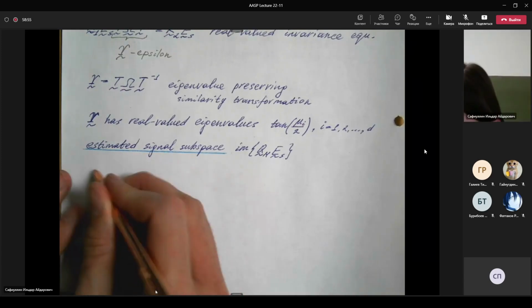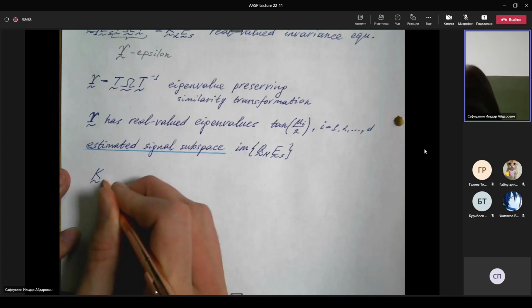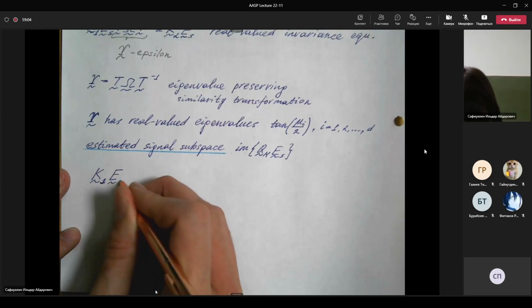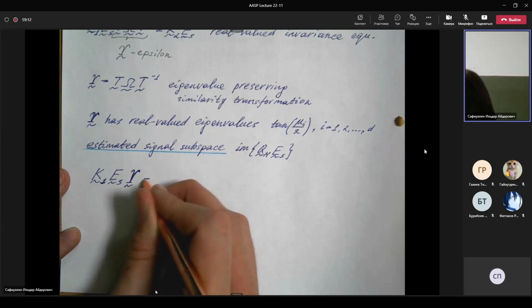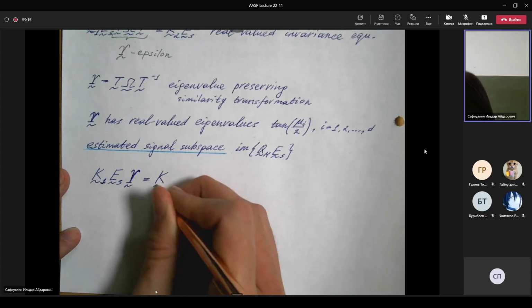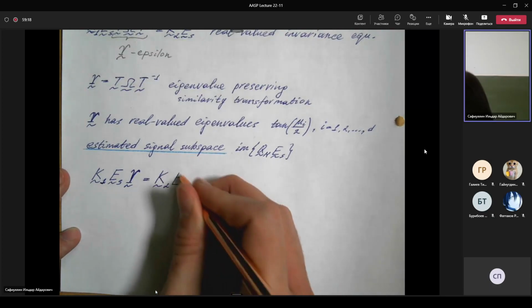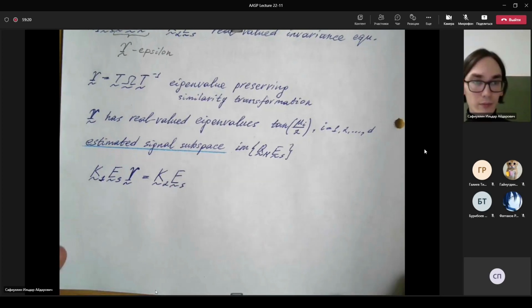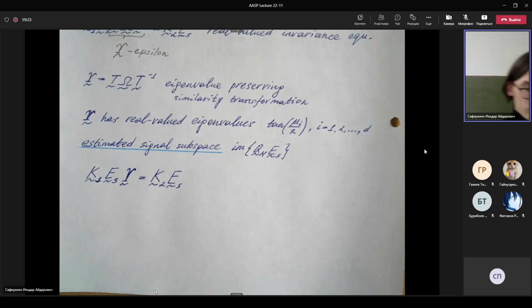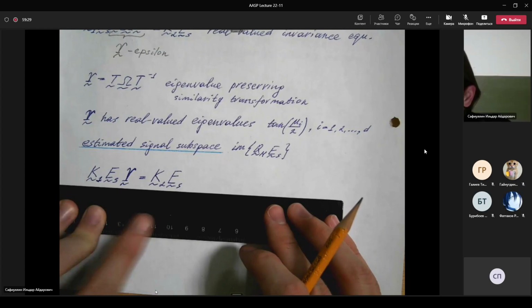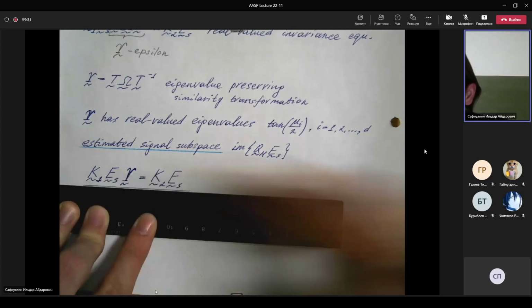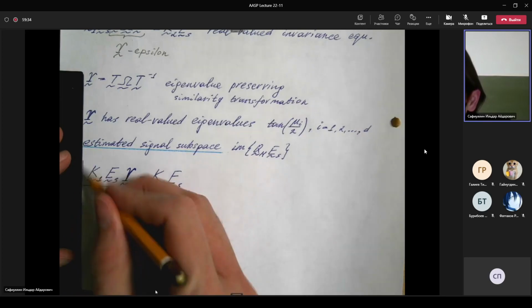It is equal to selection matrix 1 times E sub s times matrix epsilon, which is equal to selection matrix 2 times E sub s. I put this equation into the box, and also I will color it with yellow.